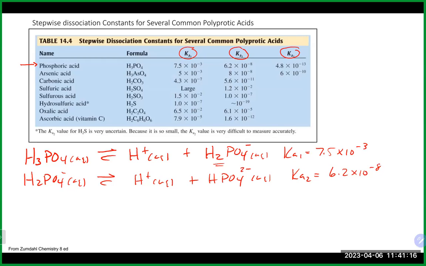And lastly, in the process here of phosphoric acid, this last guy here will then lose that last hydrogen to make phosphate. And Ka3 value 4.8 times 10 to the minus 13.